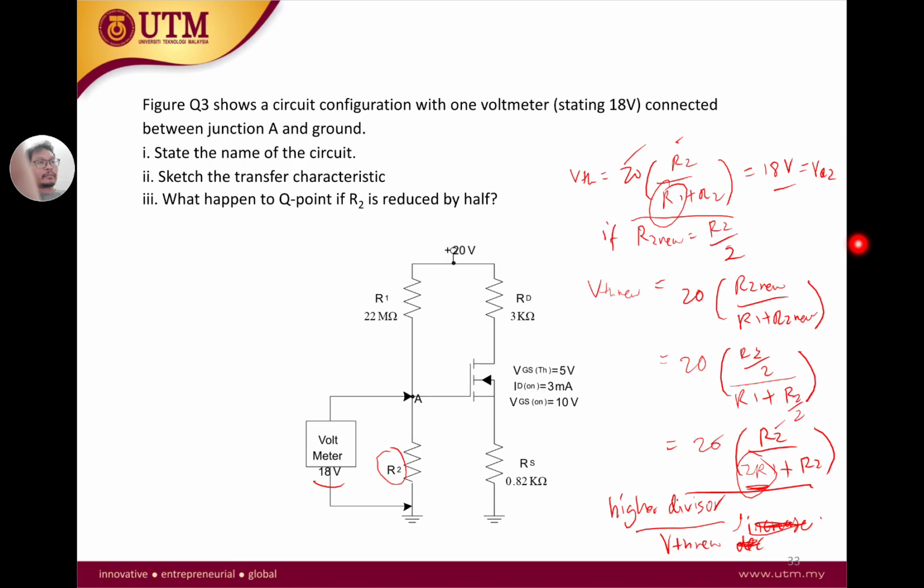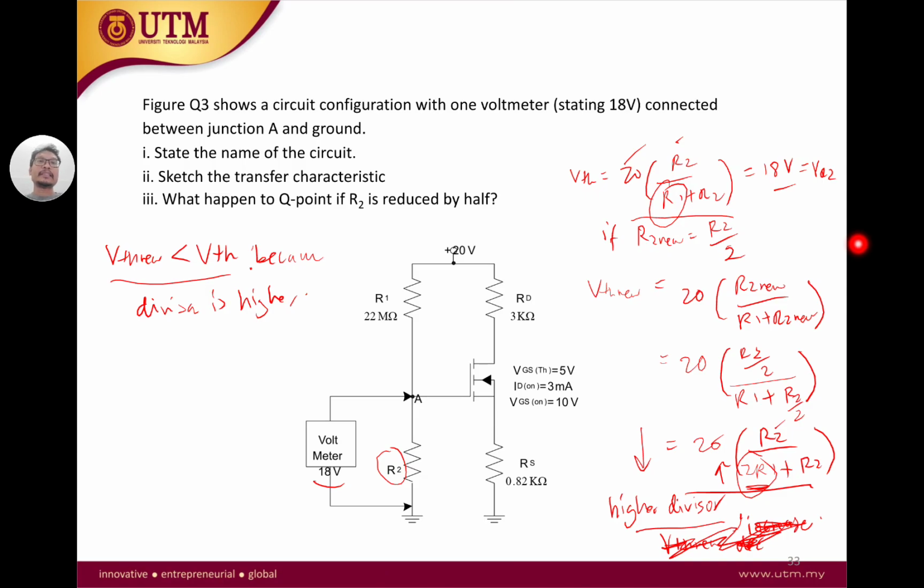VTH new is actually going to be less than VTH because the divisor is higher. It's inversely proportional. So then you can say that VTH new is less than VTH.